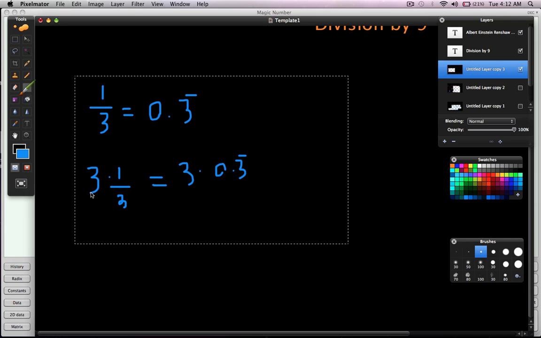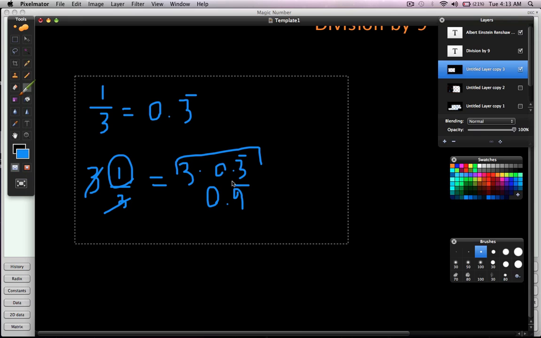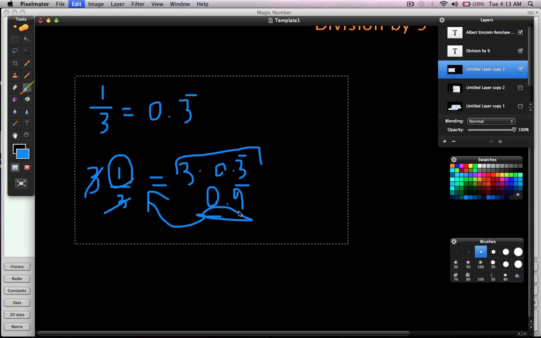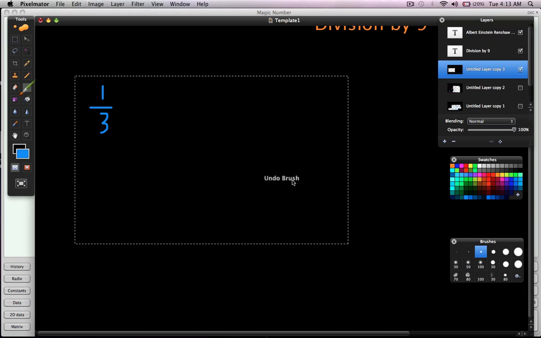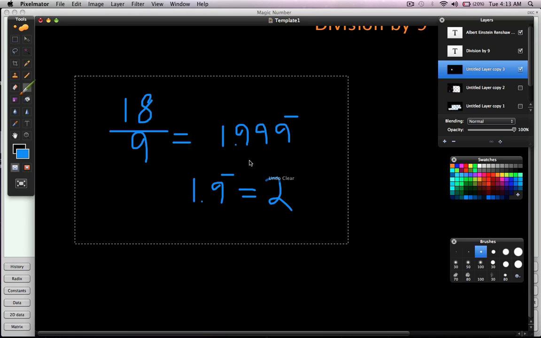On this side we can cancel out the 3's, so we're just left with 1, and then 3 times 0.3 barred is 0.9 barred. And most calculators, if you enter this in it, it's probably just going to give you 1, and that's because 0.9 barred equals 1.